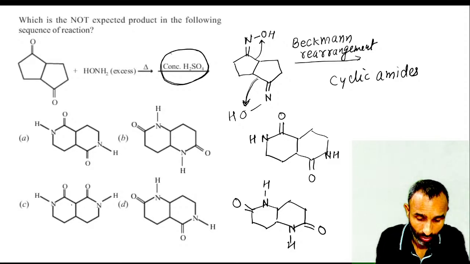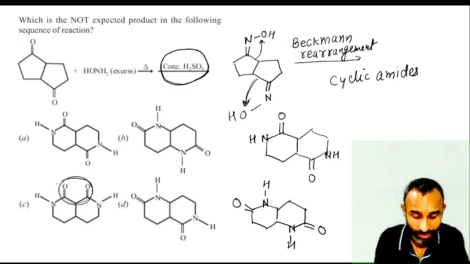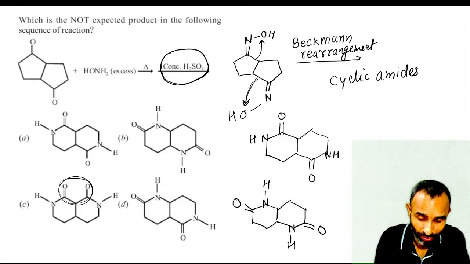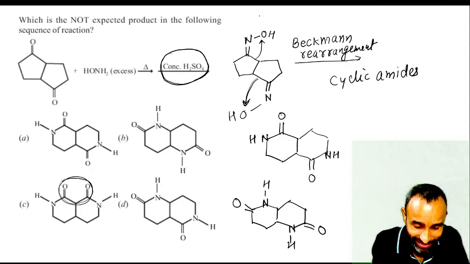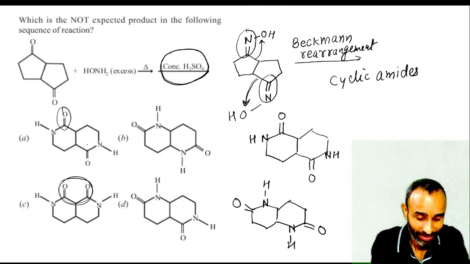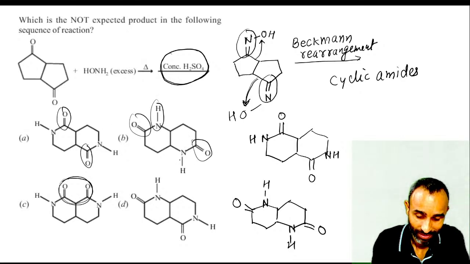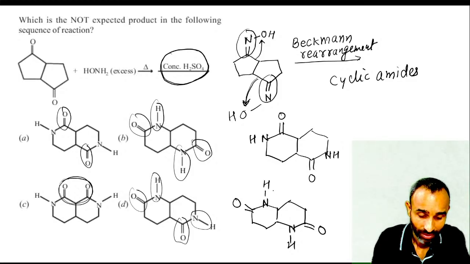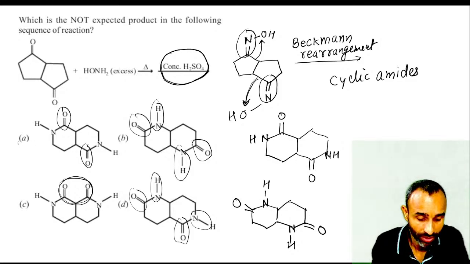Because in this case both the groups are on the same side. With an intelligent guess, they should be on the opposite side, so the most expected product is this one.